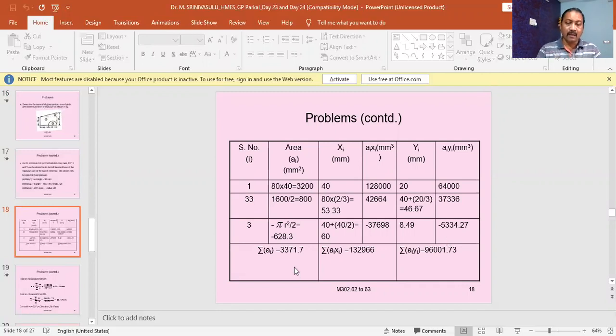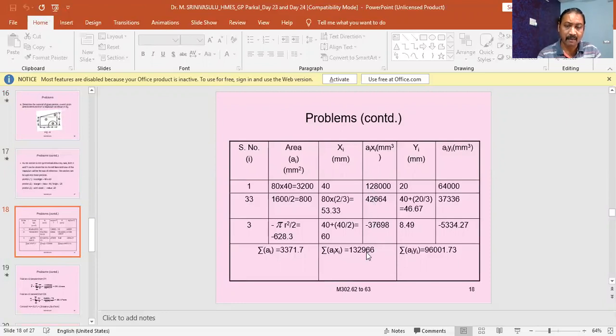So now the total area is becoming 3371.7, because here we have to add, that is 4000 minus 628.3, so it is becoming 3371.7. Now we know the sigma ai into xi. Here also we have to add these two terms and we have to subtract this one.